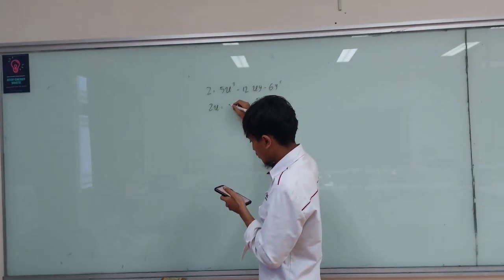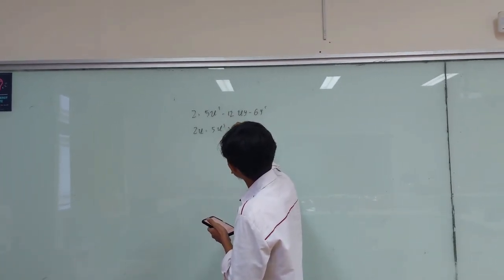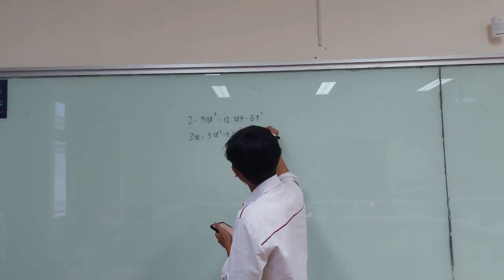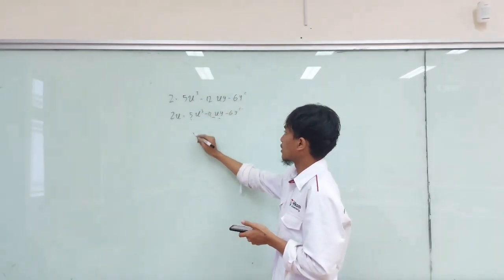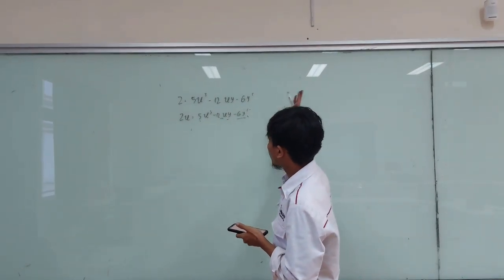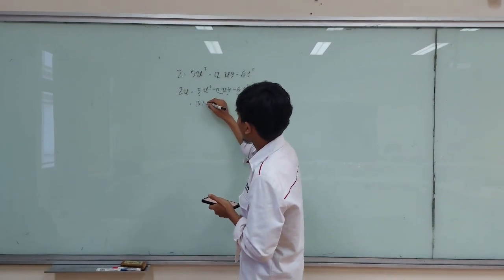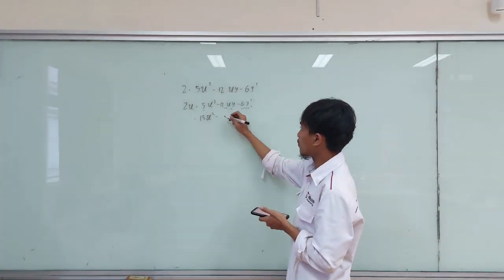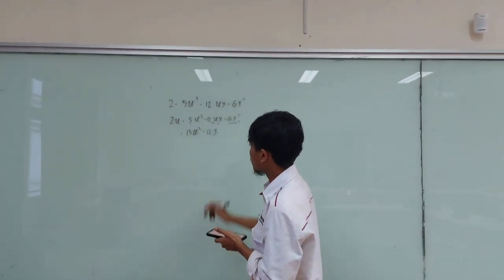Zx is 5x, because the x is only in the 5 and 12, then y is not included to the x. We have to forget about this one. 5x squared, then there is a y, but we erase the x, 12y.